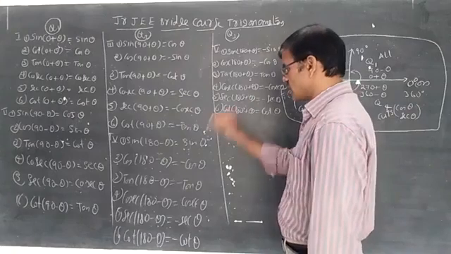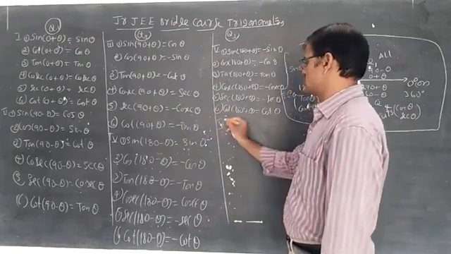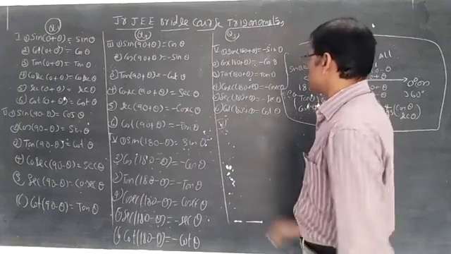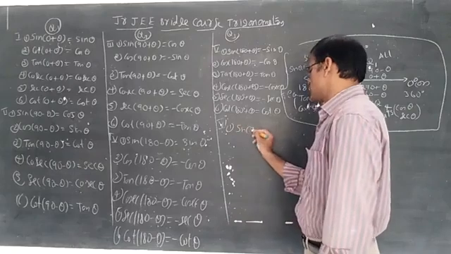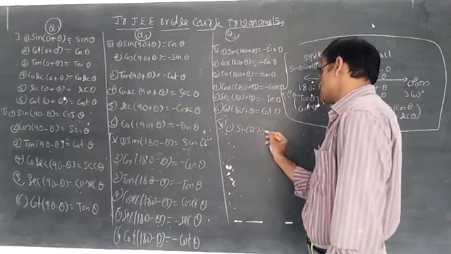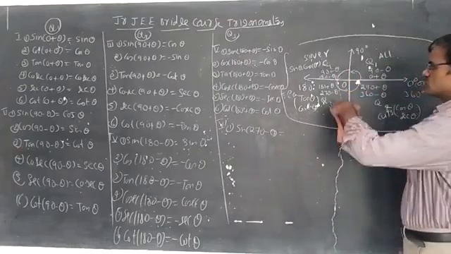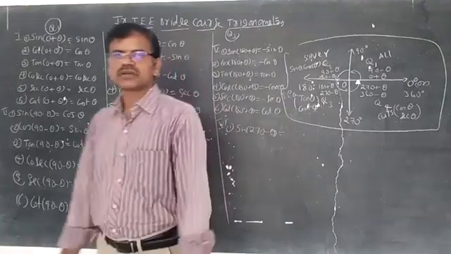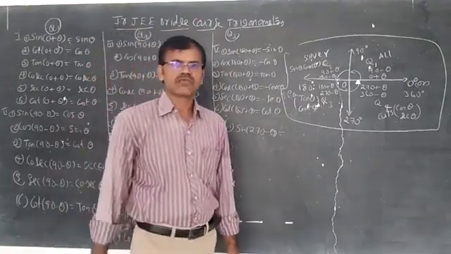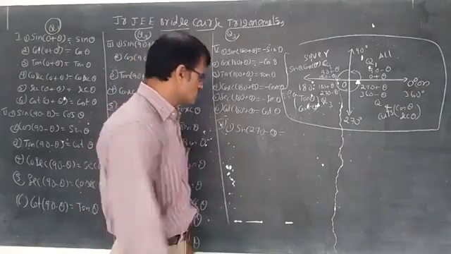Now the fifth Roman is completed. Let us discuss the sixth Roman. In the sixth Roman, the first formula is sine of 270 minus theta. 270 minus theta means the third quadrant. In the third quadrant, tan theta and cot theta are positive, remaining are negative.